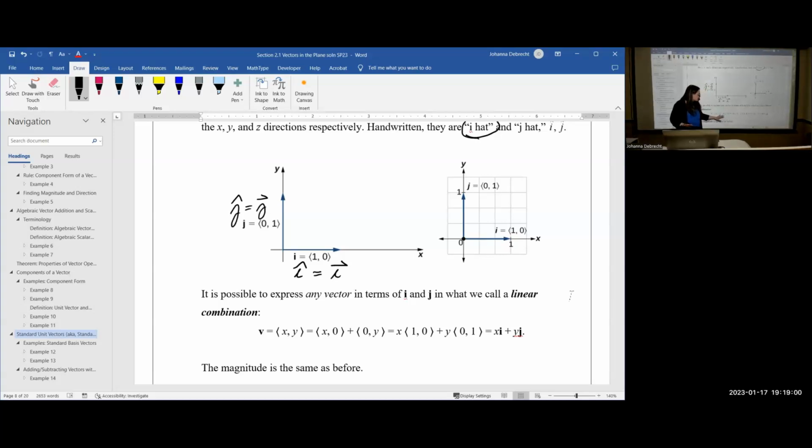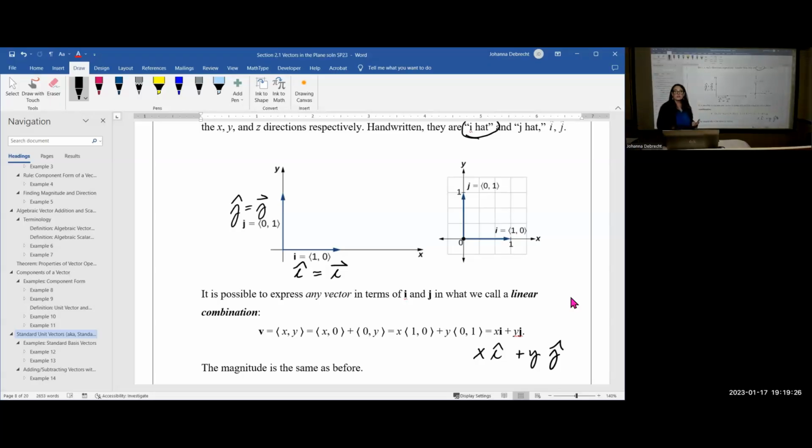And then you could factor the x out so that it became a scalar, and you would be multiplying by (1, 0), which is i hat. And then you could do the same for y. You'd be multiplying by (0, 1), which is j hat. So we would write this as x i hat plus y j hat.